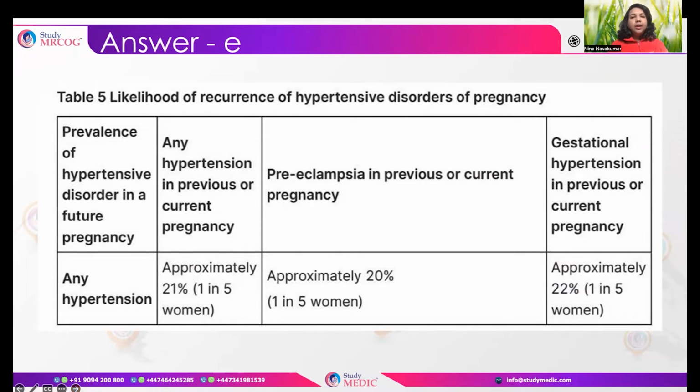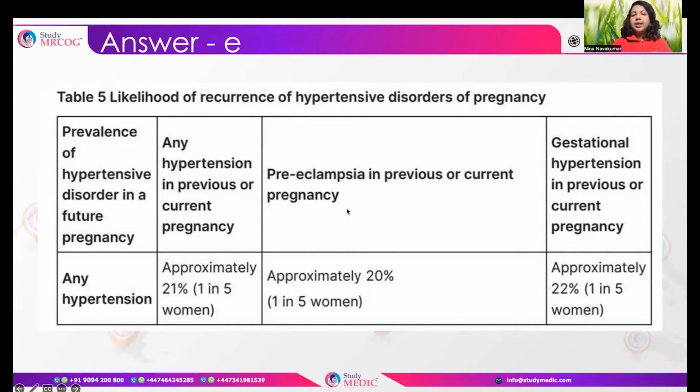If we analyze the table regarding the likelihood of recurrence of hypertension in pregnancy, for any hypertension in a previous pregnancy, the risk of hypertensive disorder in a future pregnancy is around 1 in 5 women.